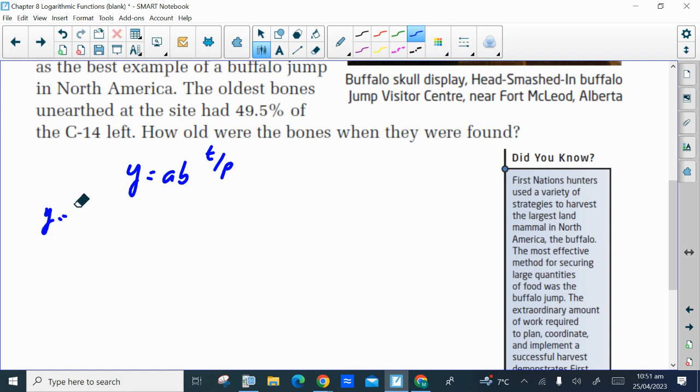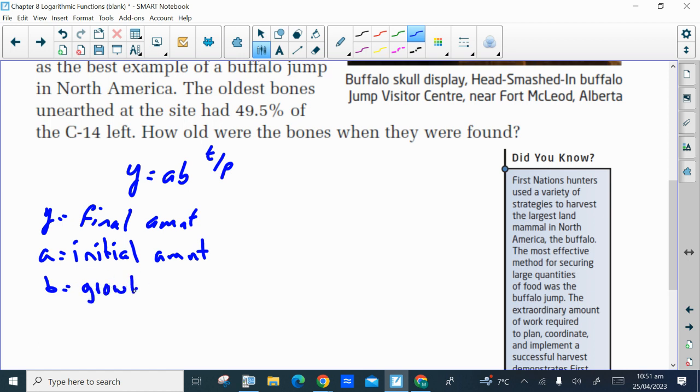So y will be our final amount. A is the initial amount. B is the growth rate. T is the time.